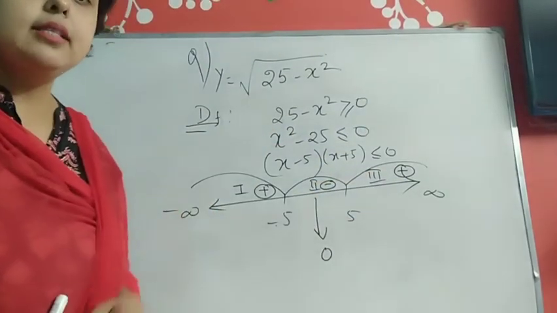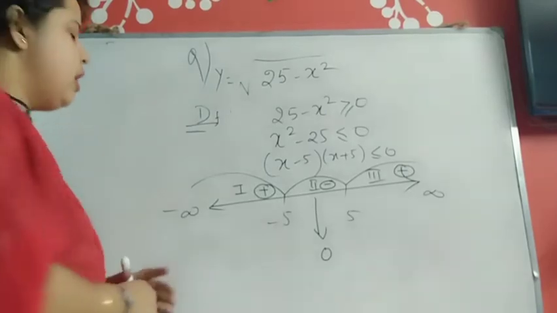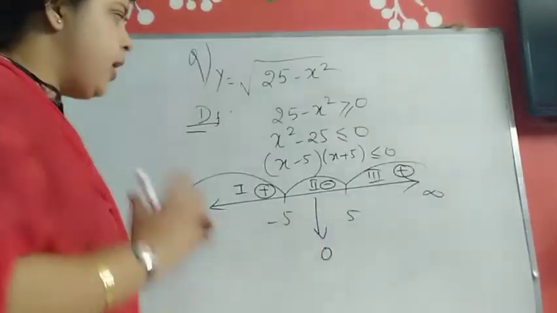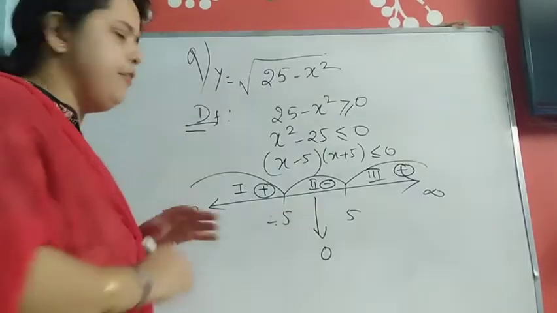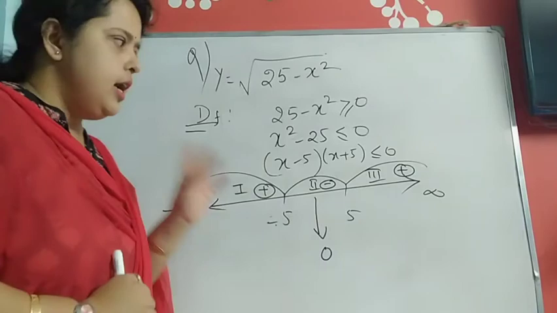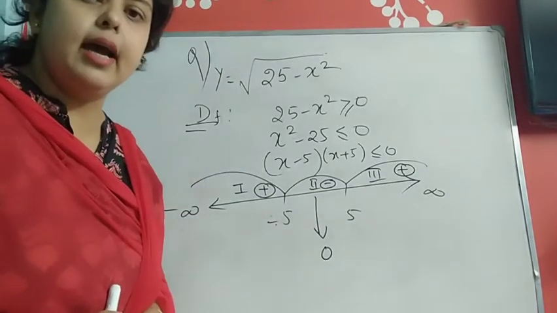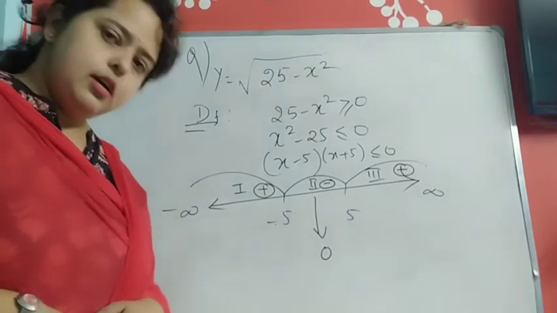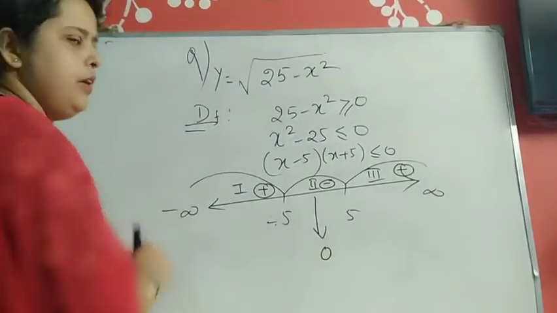Alternatively, the signs are going to change. Understood? This type of points are known as critical points. Why? Because whenever a function jumps across the critical points, it is going to change its sign from positive to negative or negative to positive. Am I clear, children?